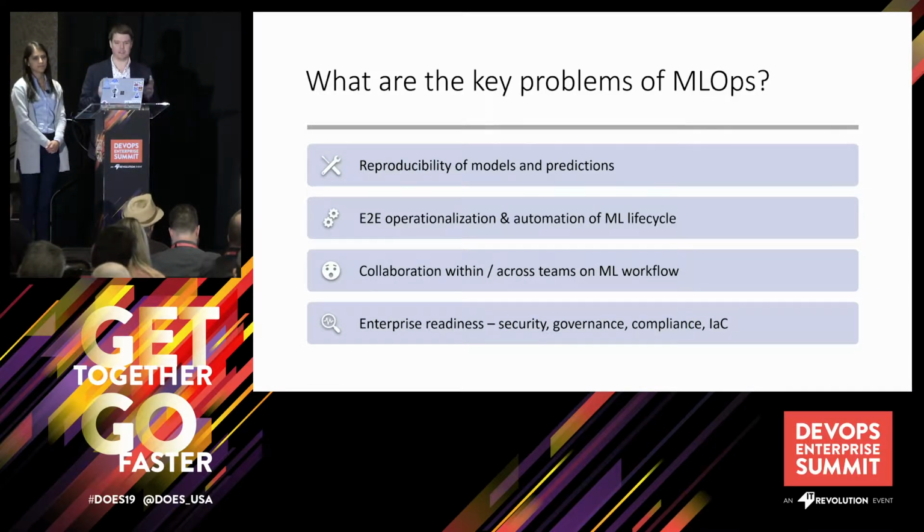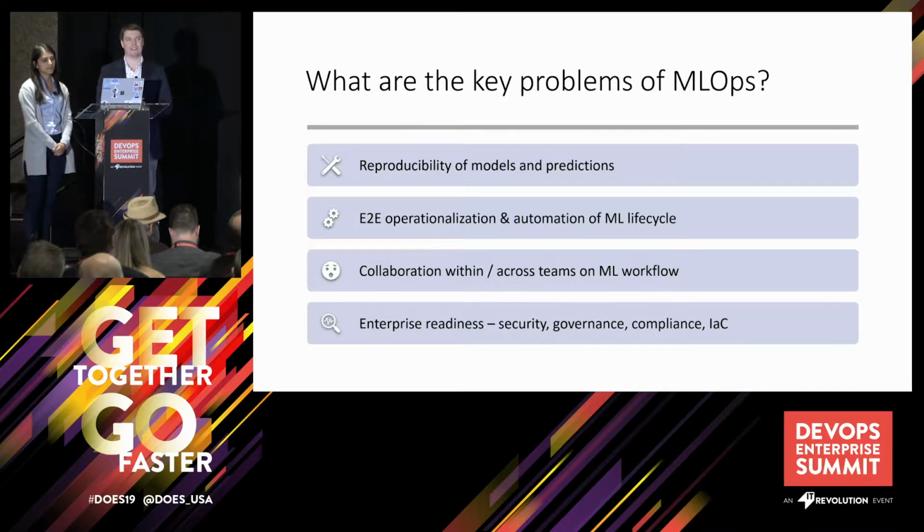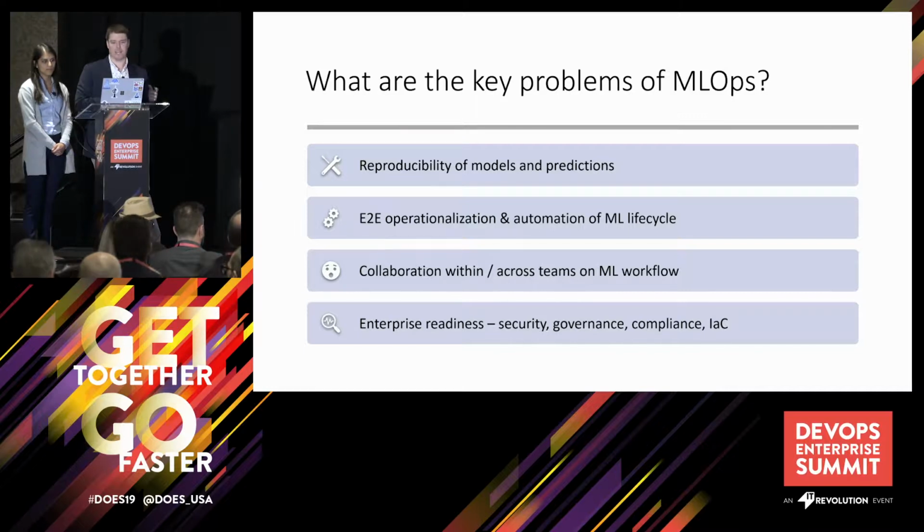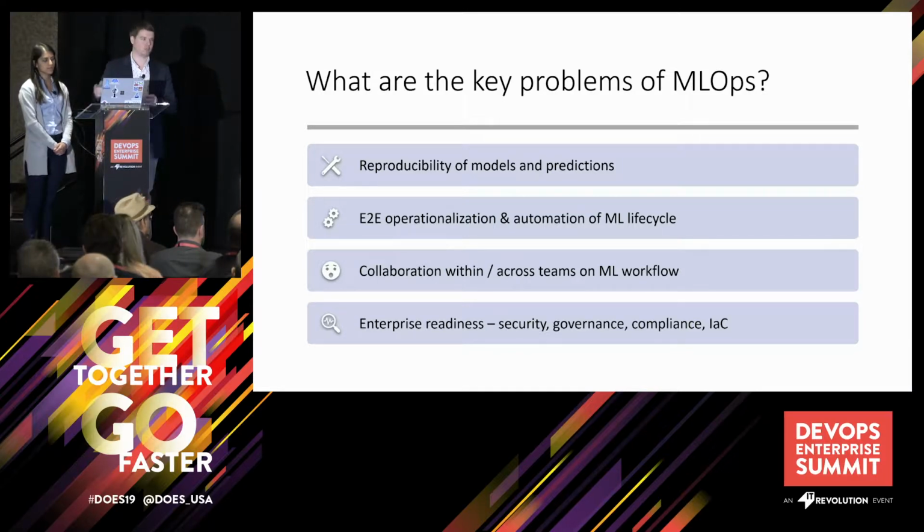Then when it comes to operationalization and automation of the ML lifecycle, again, that's about more than just the data scientist or the software engineer or the data engineer in isolation. It's about how all three of them work together in a collaborative fashion. Oftentimes the data you have when the data scientist trains a model isn't available when you're trying to make predictions.